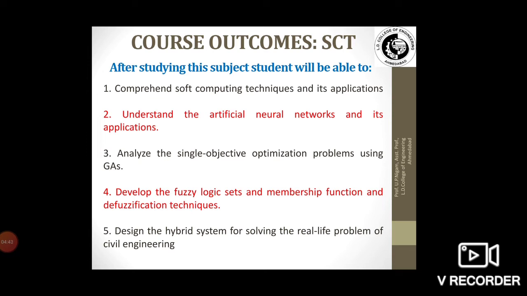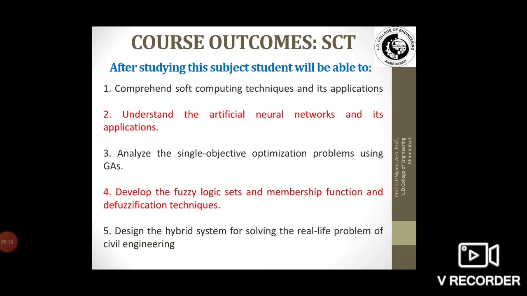The third is to analyze the single objective optimization problem using genetic algorithms. The fourth is to develop fuzzy logic sets, membership functions and defuzzification techniques. And the 5th is to design and demonstrate the hybrid system for solving real life problems of civil engineers. So these 5 outcomes will be fulfilled after studying this subject.